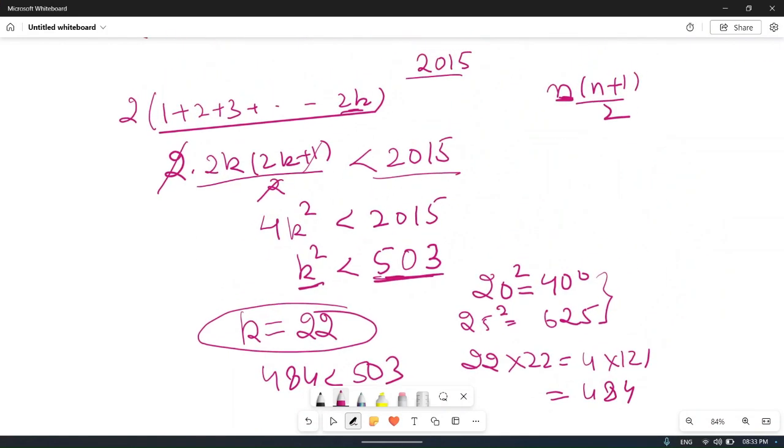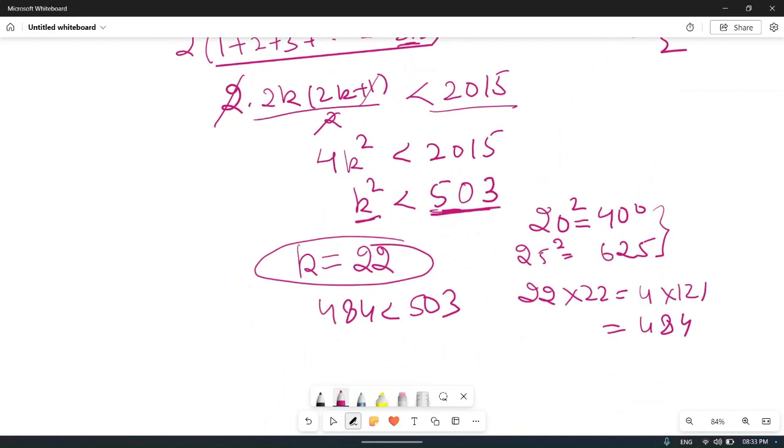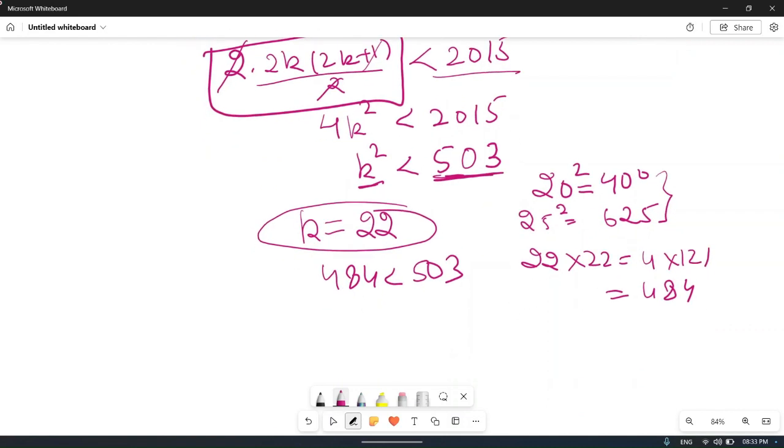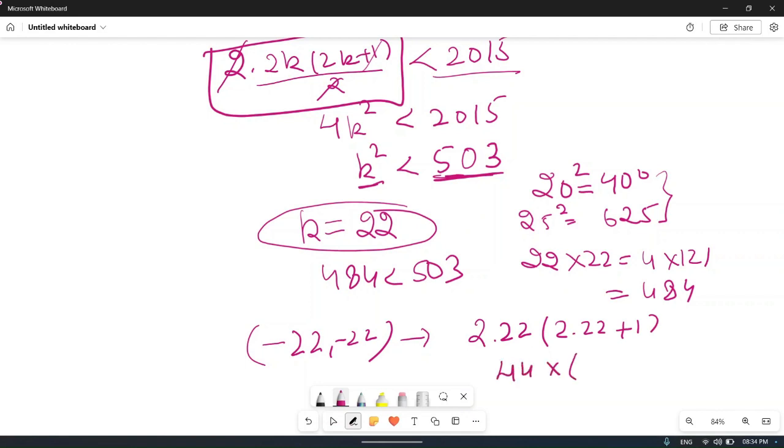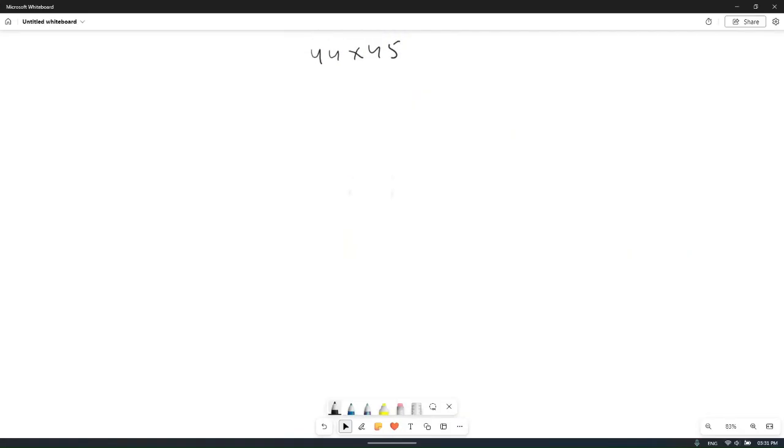If I plug in the value of k as 22 in this, at minus 22 comma minus 22, I would be covering 2 into 22 into 2 into 22 plus 1, that is 44 into 45. So that would be 1980.